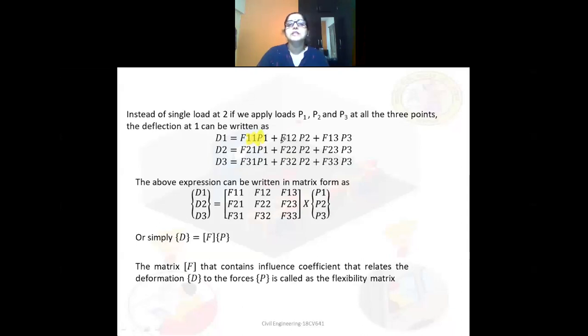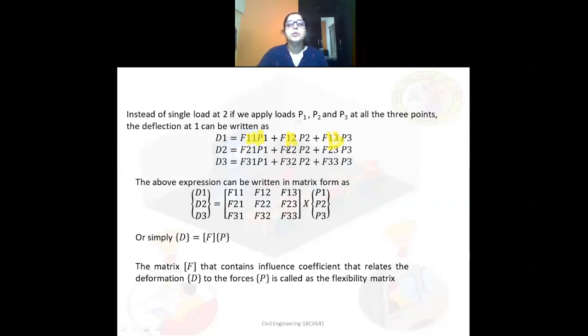Similarly, plus F12, displacement at coordinate 1 due to unit force at coordinate 2, plus F13, displacement at coordinate 1 due to unit force at coordinate 3. Like that, you can develop displacement equations for displacement at coordinate 2 and at coordinate 3 due to unit forces at coordinates 1, 2 and 3, multiplied by the forces.